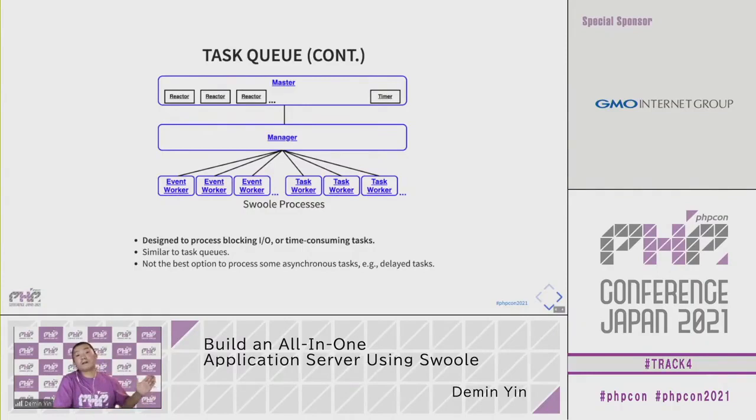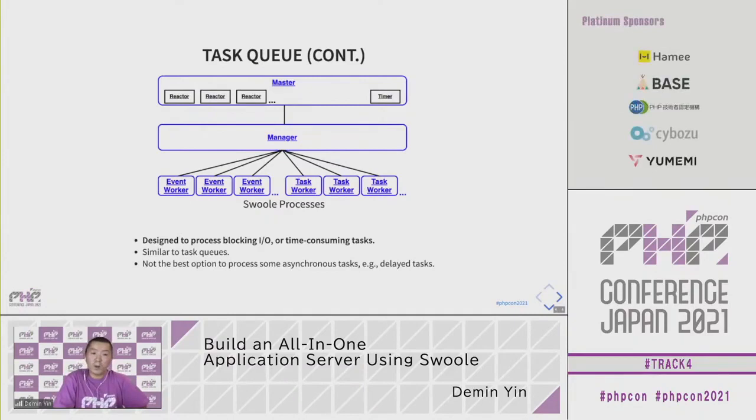And event worker processes are just to handle TCP or HTTP requests, and they should always run in non-blocking mode. Having said all this, we can see that the task worker process concept is similar to a task queue, but not exactly the same.